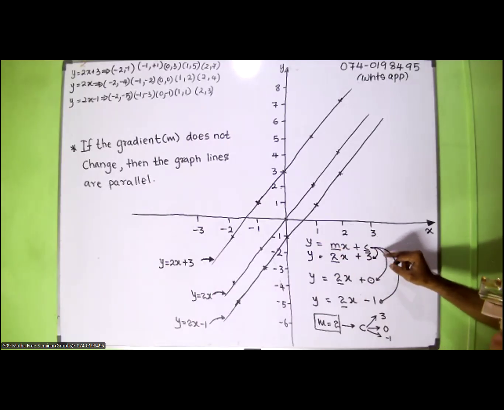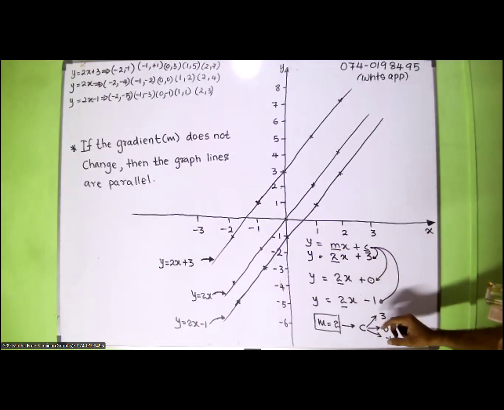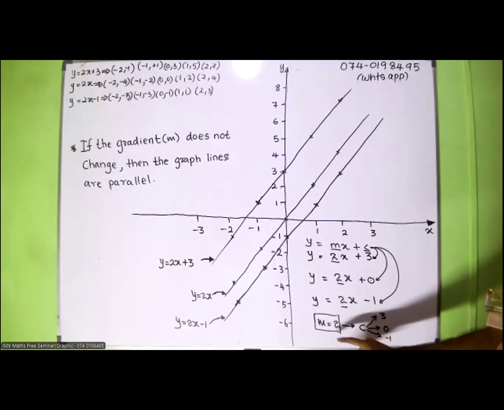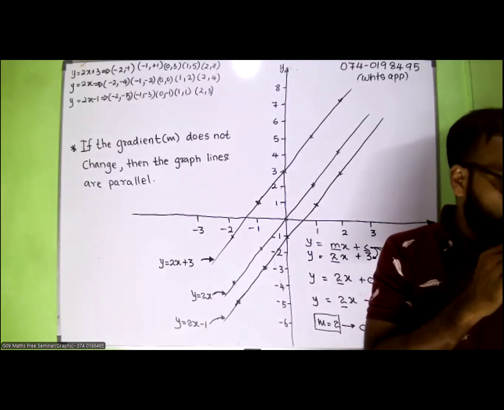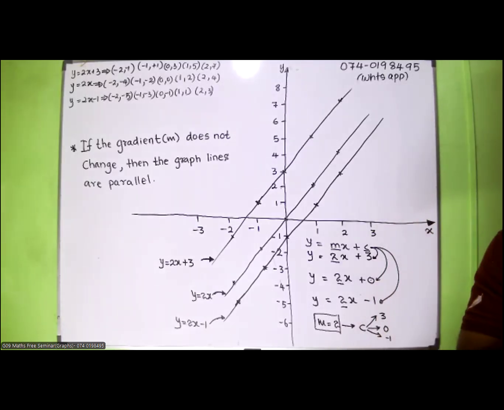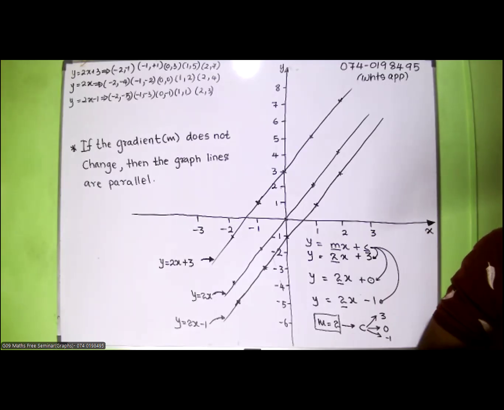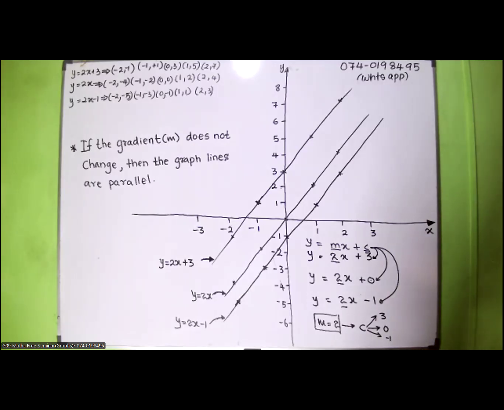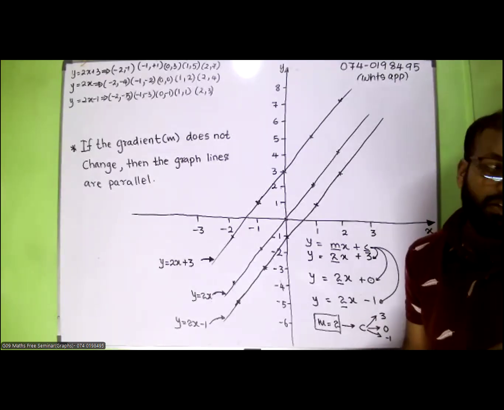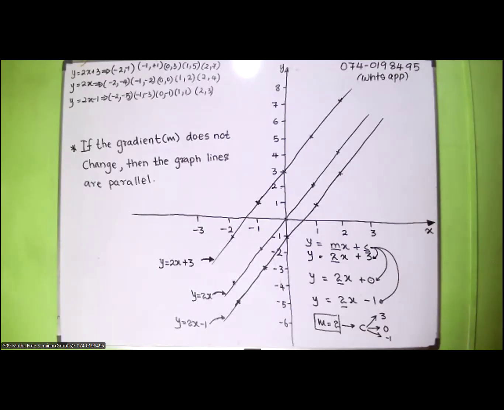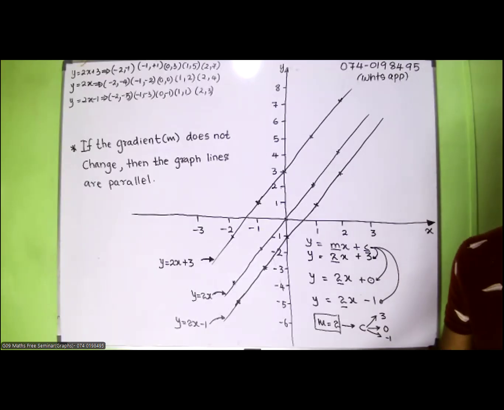You have to show c is varying from time to time, but m remains the same each and every time. Correct? You can understand, right? If you see in the question paper, you can identify this. We have done this one. Right?